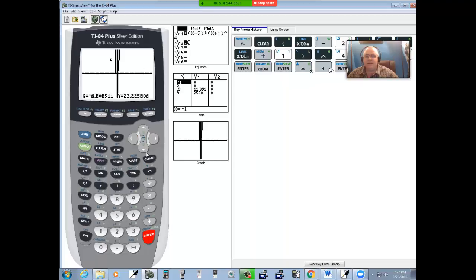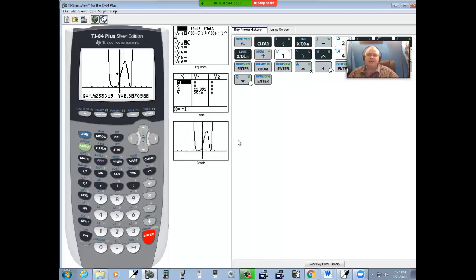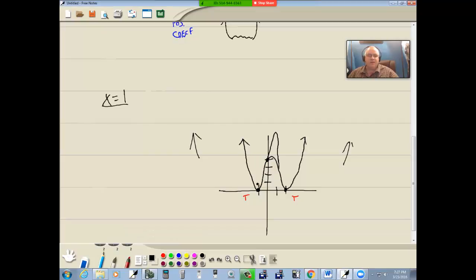Press enter on that, then down arrow, and you can hold down on it to very quickly move and go over. Once you get your box around what you want, you press enter. Okay, that gives me a little bit better picture of what it looks like right here. So yeah, I wasn't even close there.